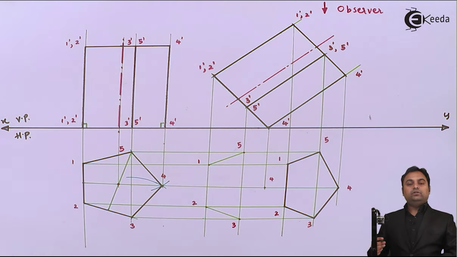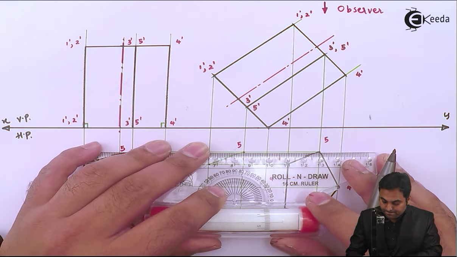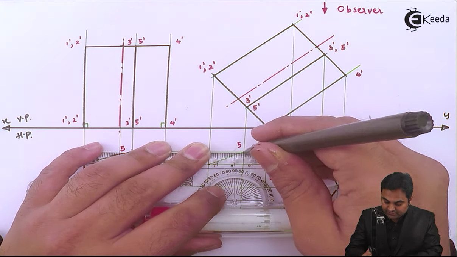Then, as I have told, the outlines should be dark, so connecting the outlines.